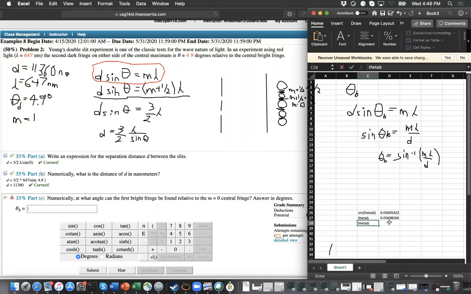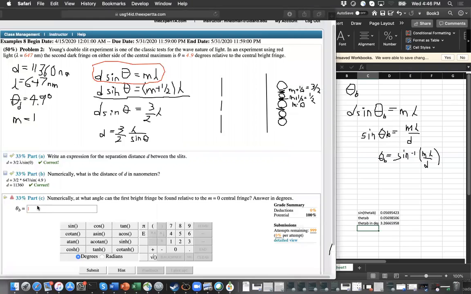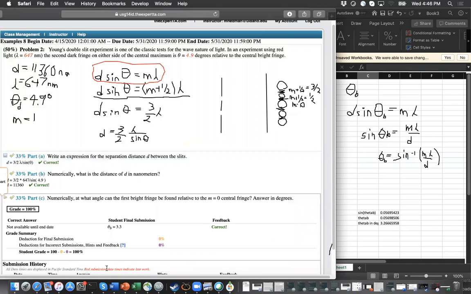So if we want to do theta b in degrees, we need to take this thing and convert from radians to degrees, which means multiplying by 180 and dividing by pi, because there are 360 degrees in 2 pi radians. So that's the standard conversion factor. So what we get is 3.3. Now, I'm going to stick that in, and we're going to see whether that works out. It is correct.